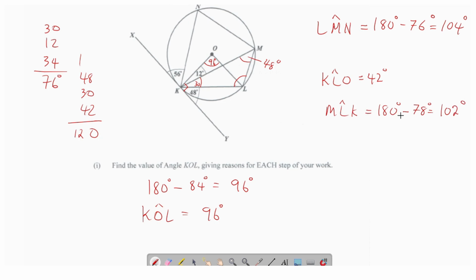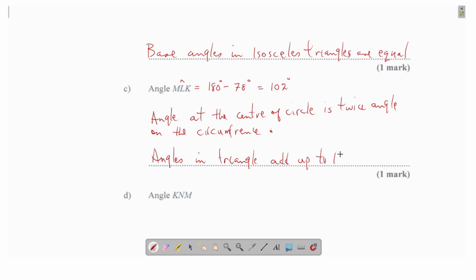So angle MLK is 102 degrees, and we can say that angle at the center is twice the one on the circumference. Therefore angles in a triangle add up to 180 degrees. So let's write that.